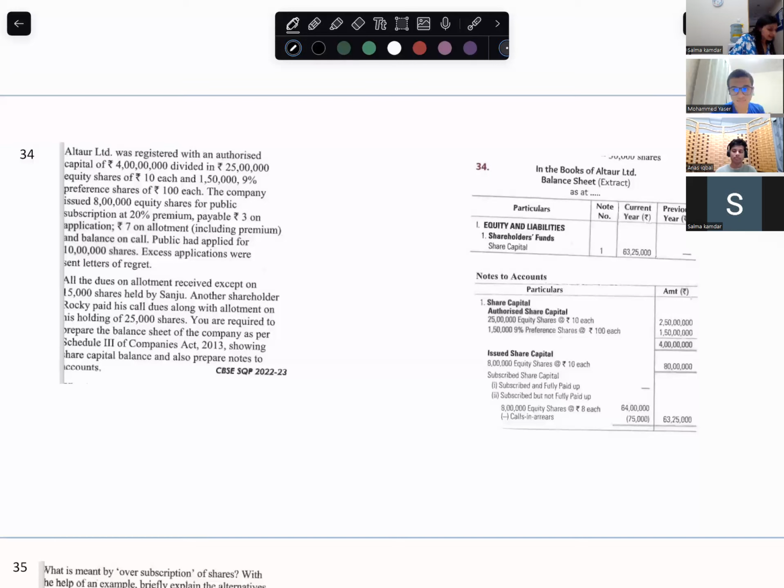Keep this in mind and do question number 34. Do question number 36. Do question number 37. If you see, this is the most common thing that is coming in every repeated paper, the extract of the balance sheet.